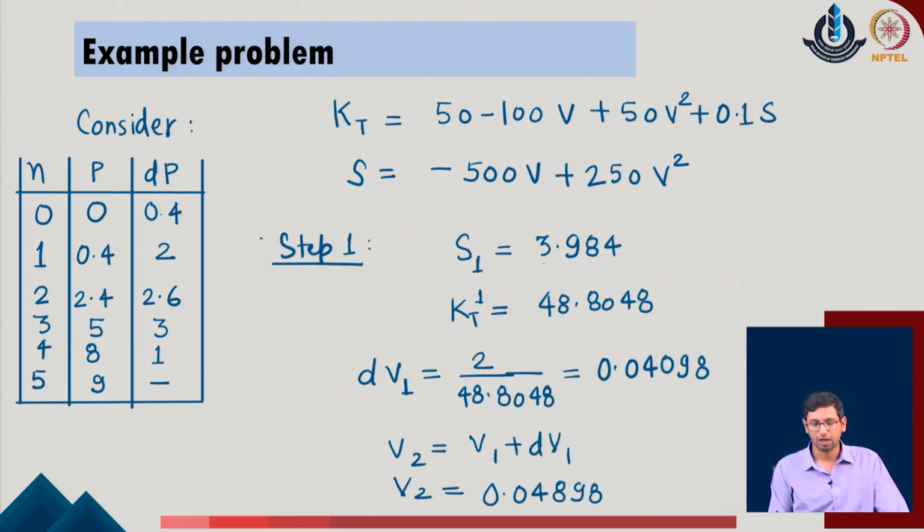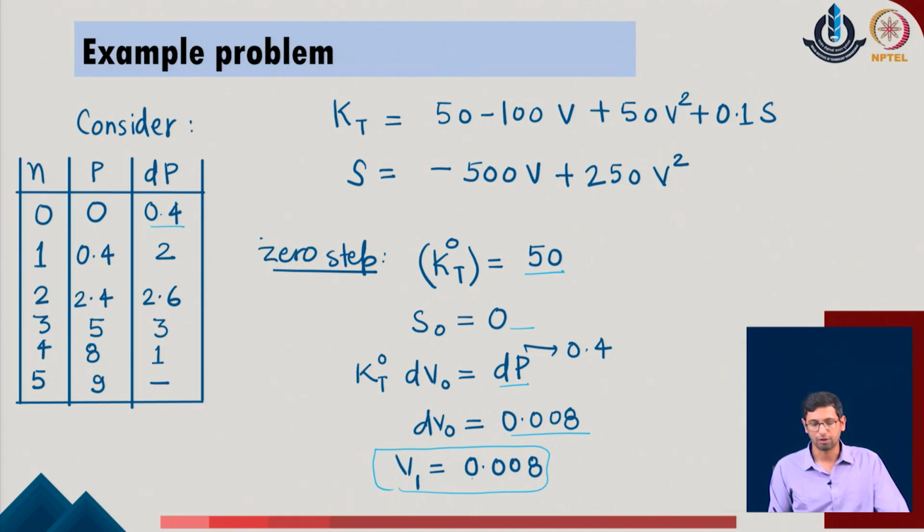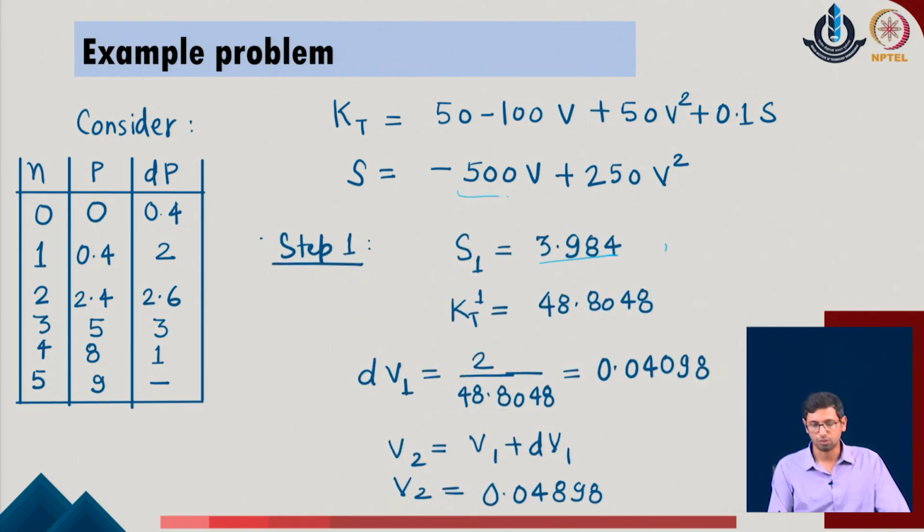The first step, we evaluate first the S1 value, we substitute the value of V1 which we evaluated just now, 0.008, into this expression of the S, that gives us the value of S1. We substitute this value of V1 into the kT expression, which gives us the kT value as 48.8048.